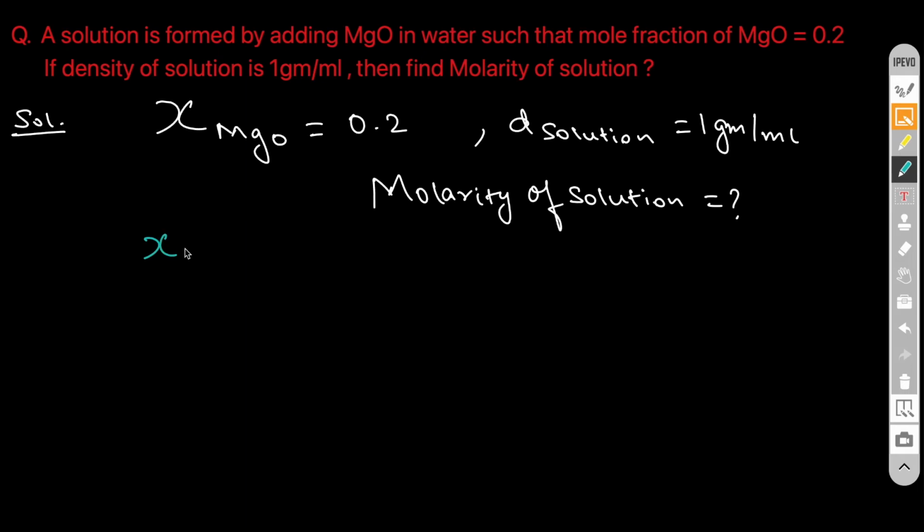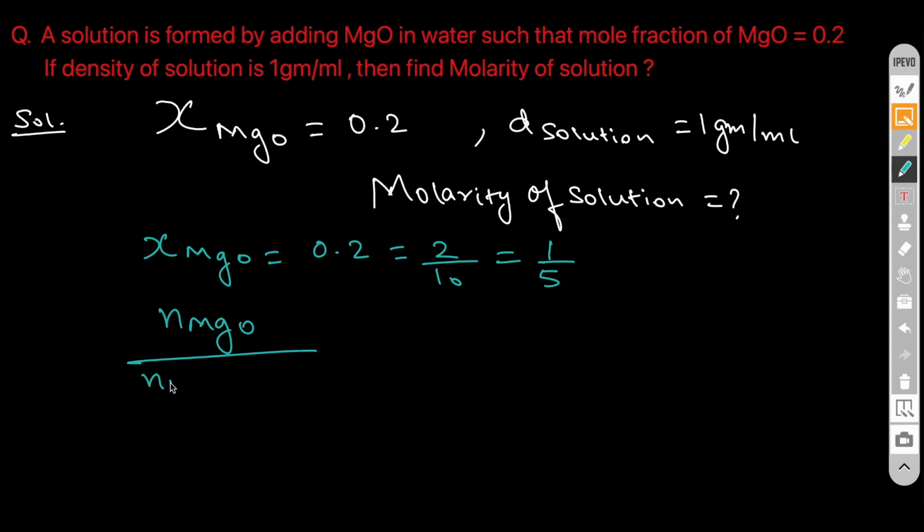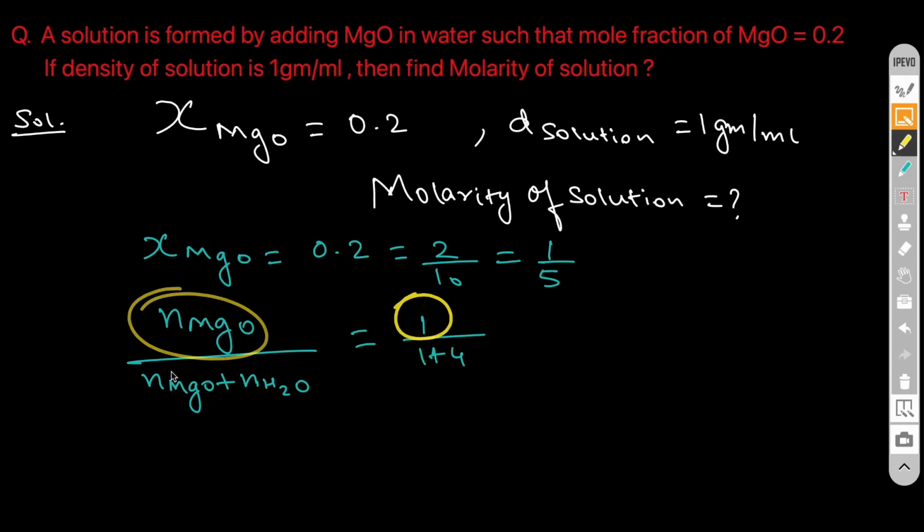So we'll simply write x MgO is basically 0.2, which is 2 divided by 10, which can be written as 1 divided by 5. X MgO is basically moles of MgO divided by moles of MgO plus moles of water, right? So 1 by 5 can be written as 1 divided by 1 plus 4.